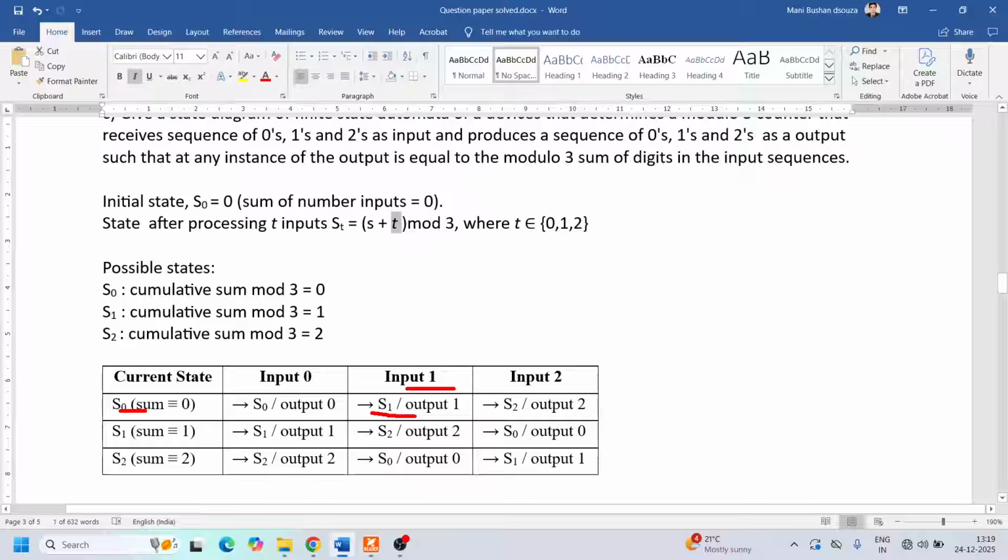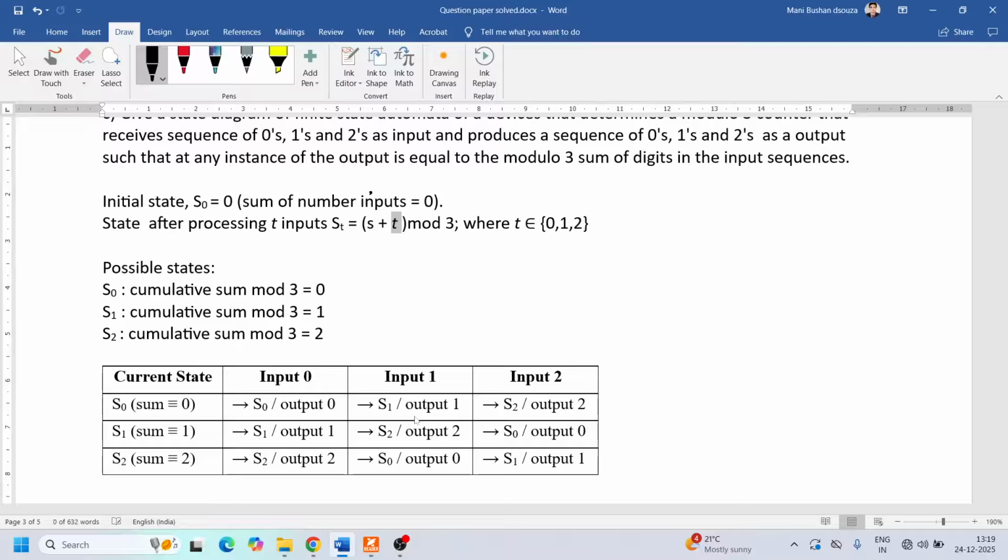Now suppose you are in the S1 state, and you are going to give the input as 2. What will be the output here?